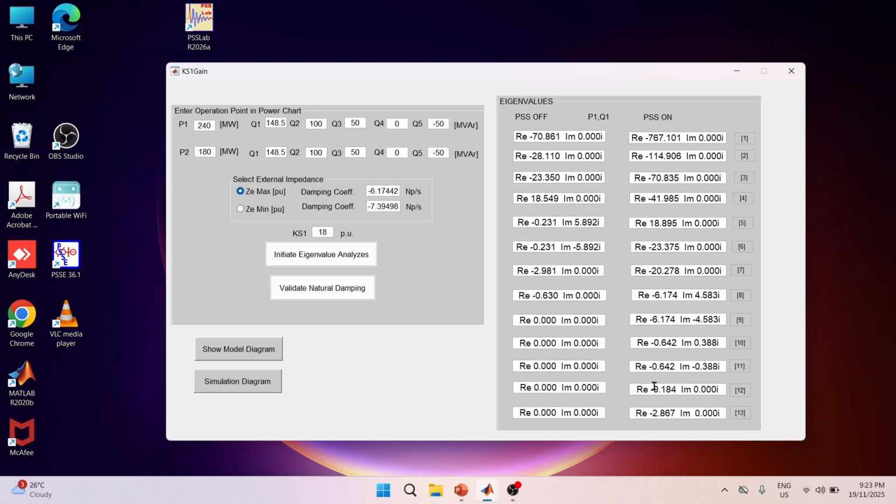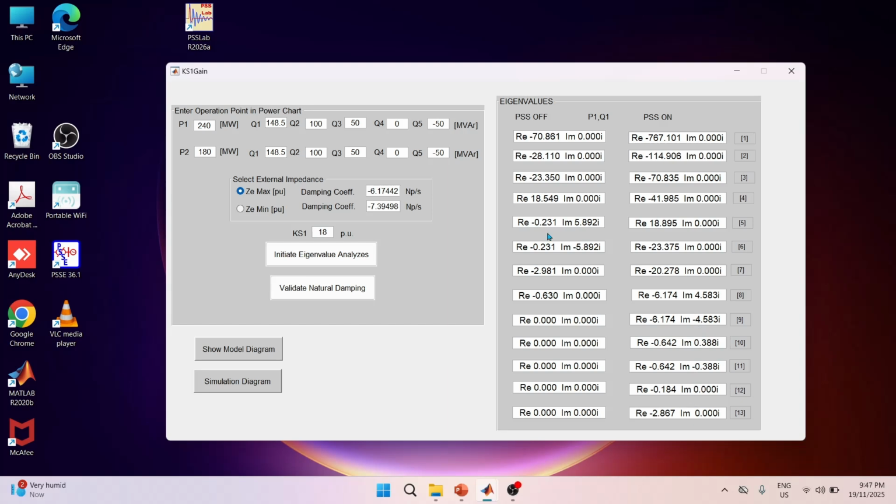The state space matrix with PSS on is of 13th order, therefore it has 13 eigenvalues. 4 of them are complex conjugate pair, the 8th, 9th, and 11th and 12th.